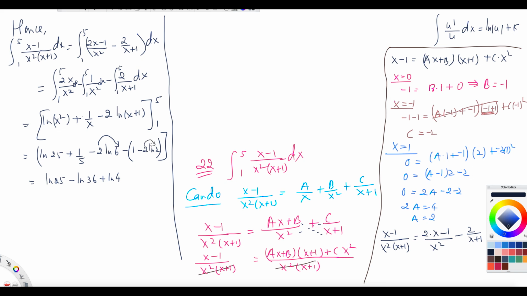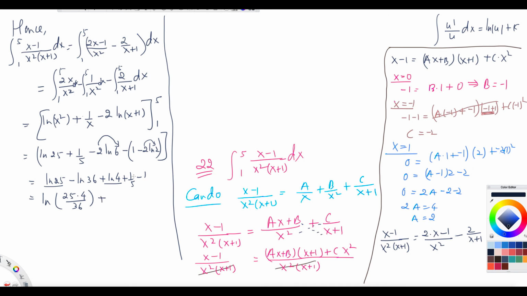That 2 again you can write on the exponent of 2. Now what is left is plus 1/5 and then minus 1. Now use the properties of the log. Natural log of 25 minus natural log of 36 can be written as a single natural log, 25 times 4 over 36, because if there is a plus, that will be the product in the natural log, and if there is minus, it will be divided.